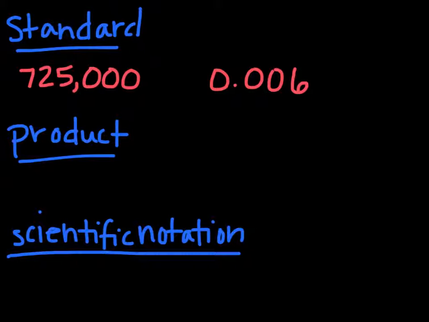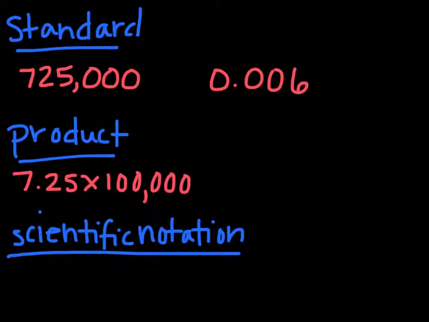We can also write these numbers in what's called product form. 725,000 in product form would be 7.25 times 100,000. 6/1000 in product form would be written as 6 times 0.001.